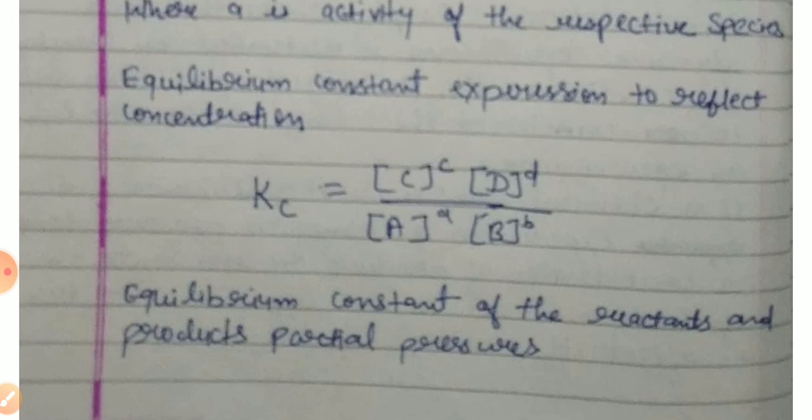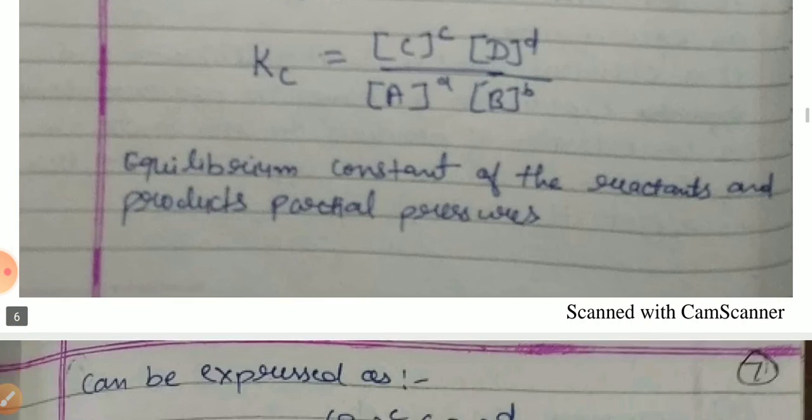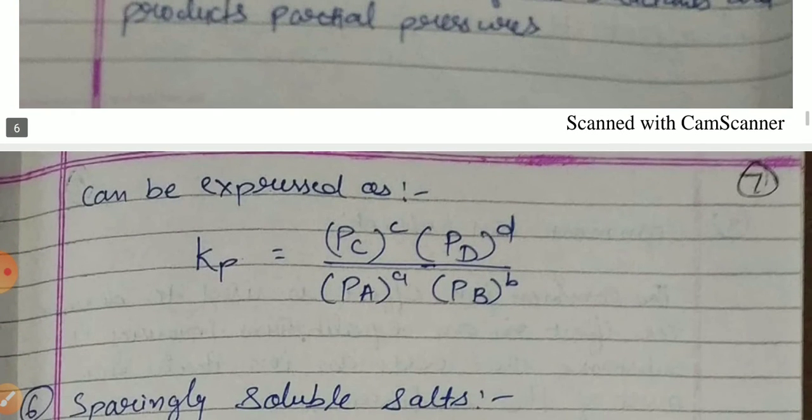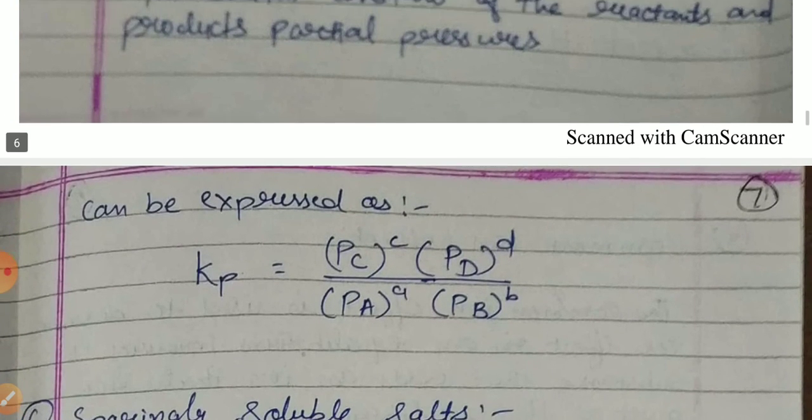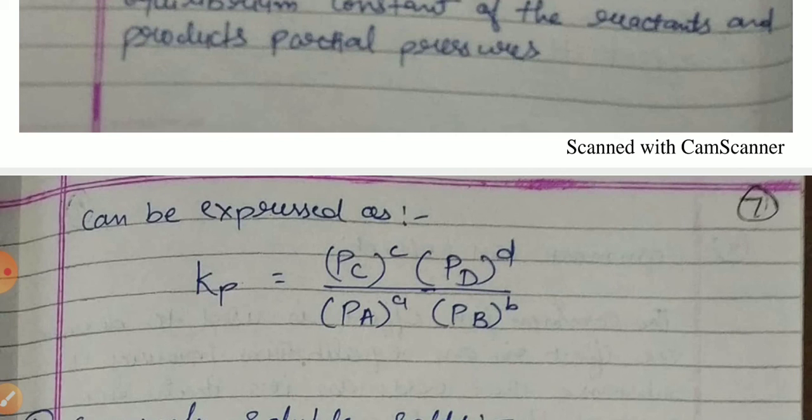The equilibrium constant in terms of the partial pressures of the reactants and products can also be expressed as Kp, the pressure of products over the pressure of reactants. So this is all about chemical equilibrium: the factors which affect it, Le Chatelier's principle, and the equilibrium constant. Thank you very much.